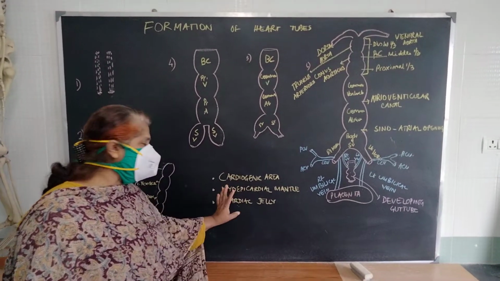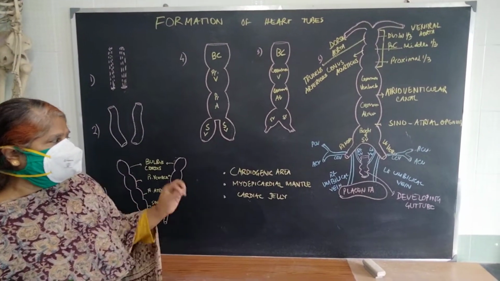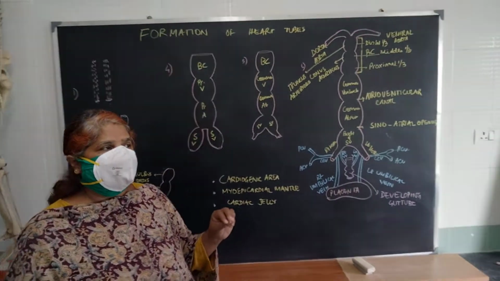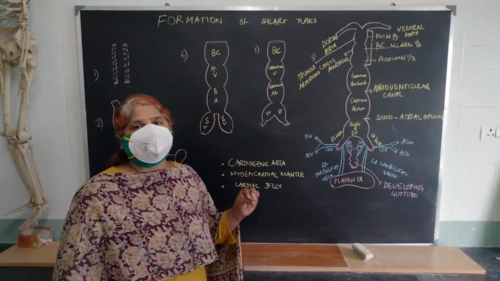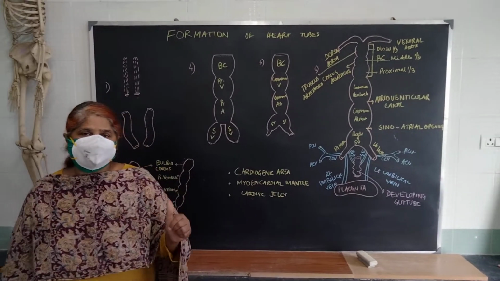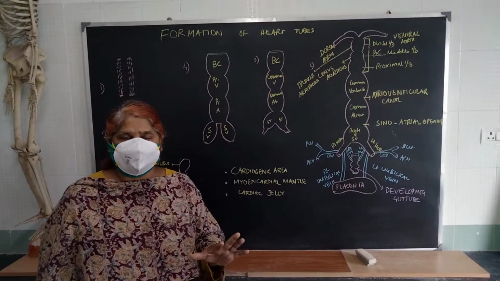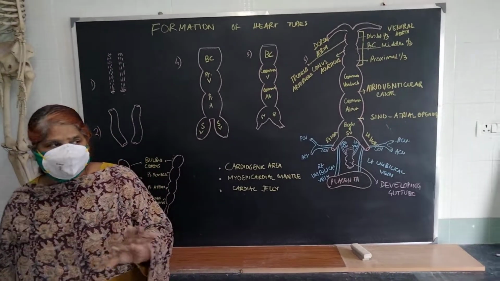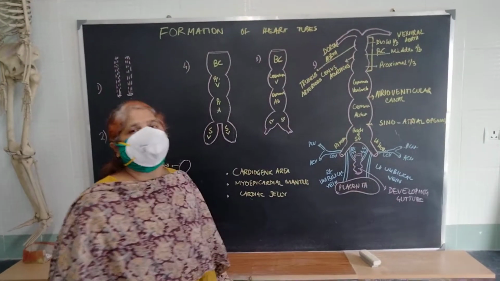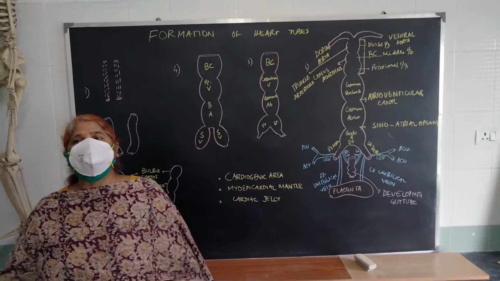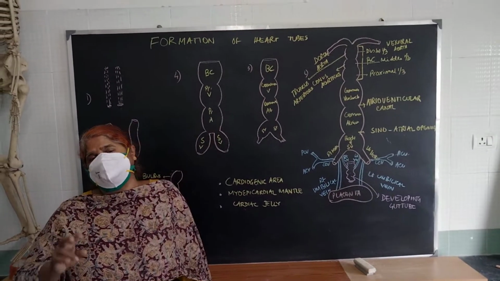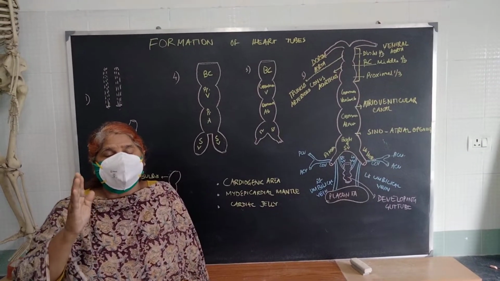So these are the three terminologies which are very important, and in this respect let me tell you, we have already talked about the neural crest cells. The neural crest cells from the hindbrain will migrate along with pharyngeal arches 3, 4 and 6, and they are incorporated in the developing heart, and they will give rise to the formation of two septa mainly, which is very important.